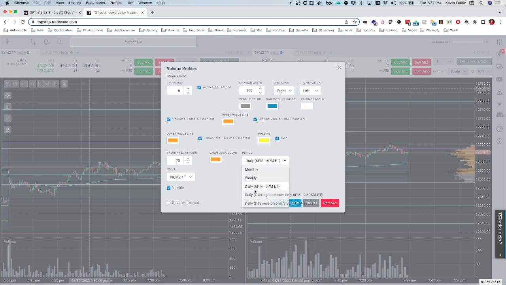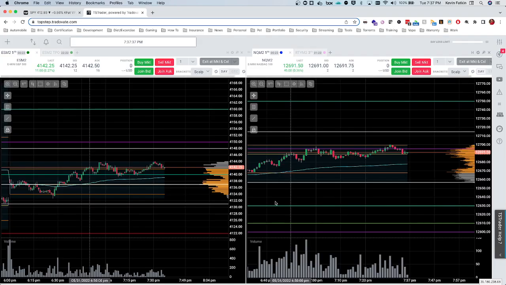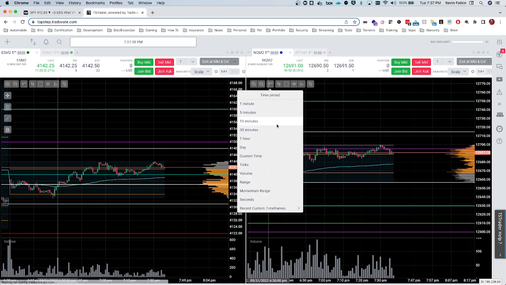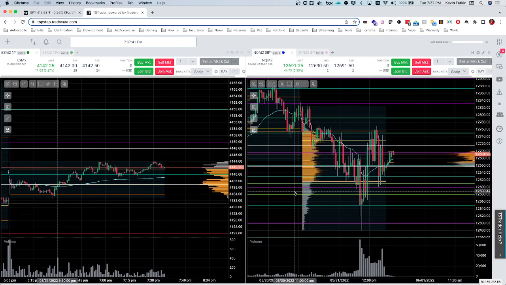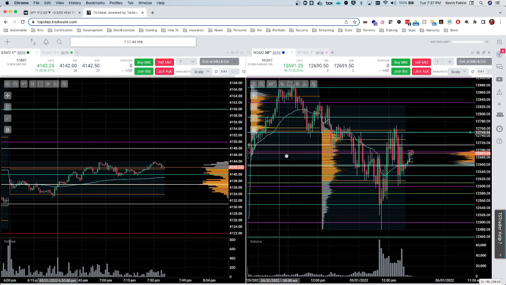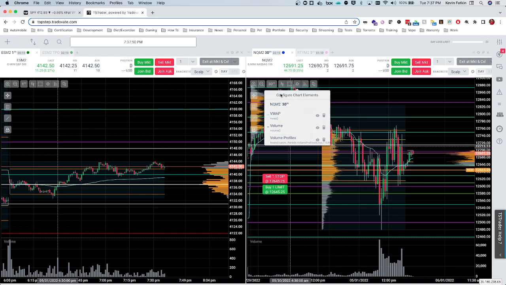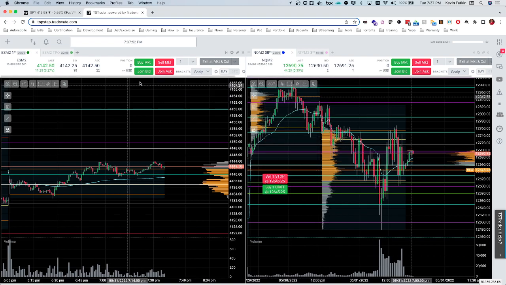So for futures, you can do 6 p.m. to 5 p.m., or you can do just the overnight session, the day session only, and then of course weekly or monthly, and then your value area percent, which I just realized it had set to 75 for some reason. I actually prefer to keep that at 70 since that's the standard. And it's the same deal. If I zoom out here, you can see that I have the volume profile set to daily right now, so I can use it the same exact way that I've been demoing in this video.